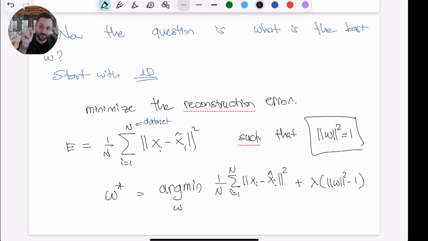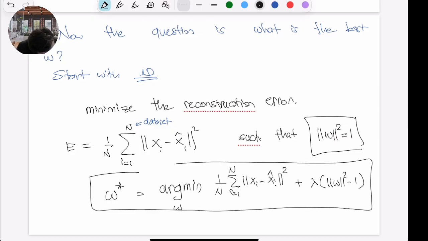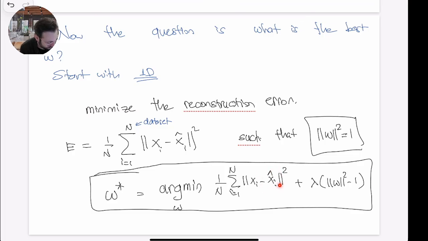Don't worry, we'll go to the new directions. So that's the minimization error that I would like to minimize, and believe it or not, w exists here in this x hat of i. So I'm going to minimize this.